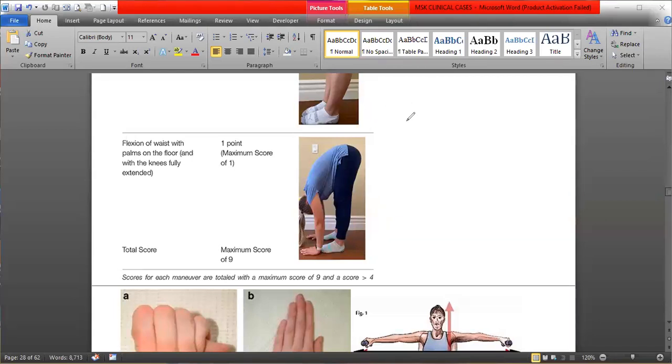Okay. So if we add all these points, suppose this is the little finger, both sides, and this is the thumb. Here 1 point and bilaterally, so total here 2 points, here 2 points, and at the level of the elbow joint 2 and 2, at the level of the knee joint 2, 2 bilaterally. And if the child is bending forward easily, that is 1. So total score is 9.